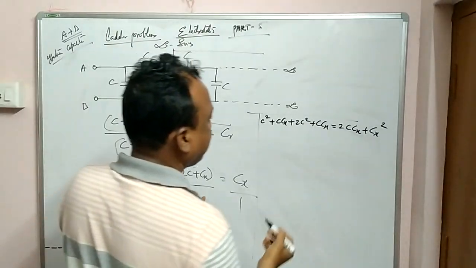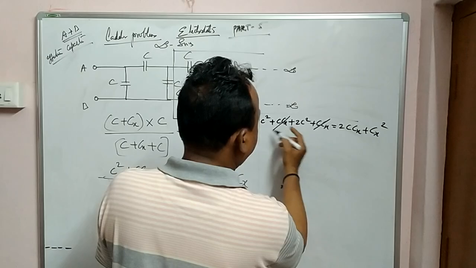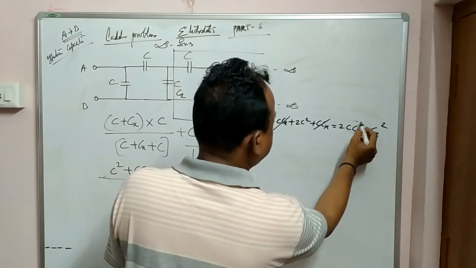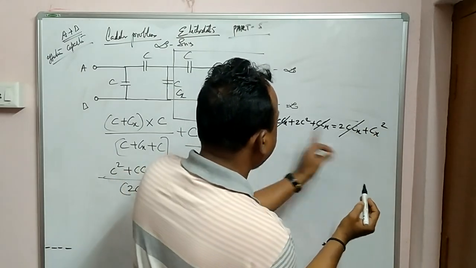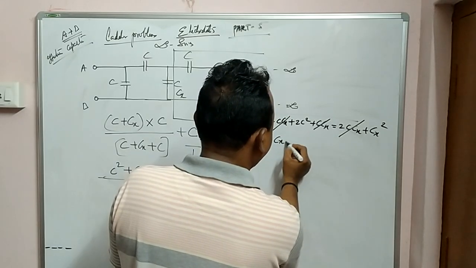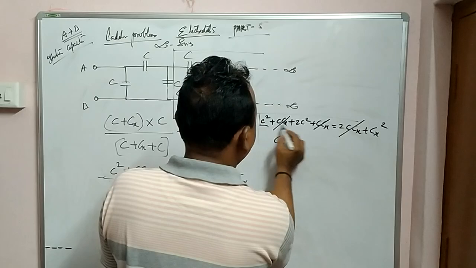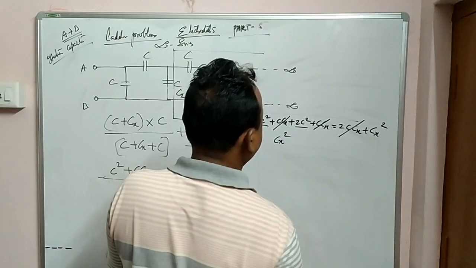Same value you are getting again. Okay, 2cx and here 2cx cancel. Take all the terms to the other side. Okay, cx square, c square plus 2c square, 3c square you are getting.